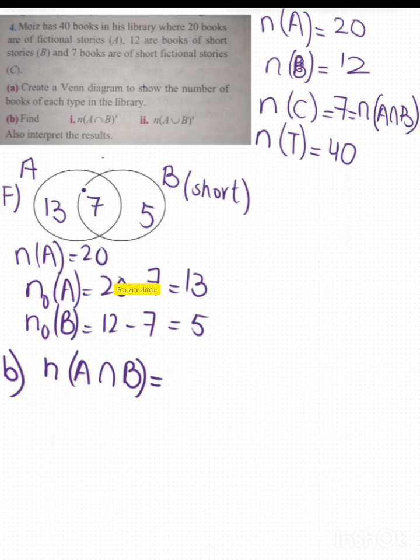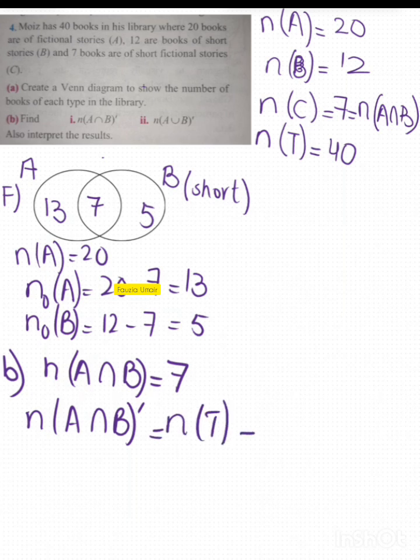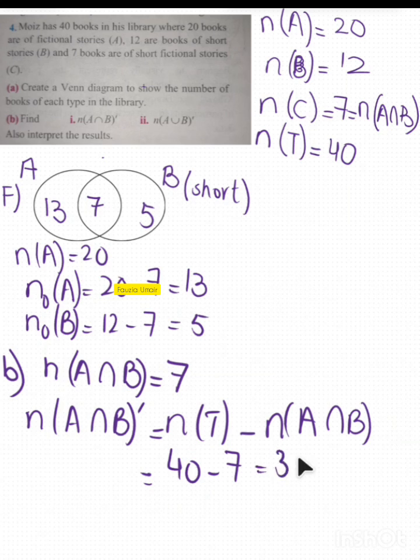So you can see A intersection B is basically your C. So there are 7 elements in A intersection B. So now number of elements in A intersection B whole complement would be number of elements which are total minus number of elements which are in A intersection B. So we all know that the total books are 40. So we will subtract 7. So there are 37 books which are in A intersection B complement.